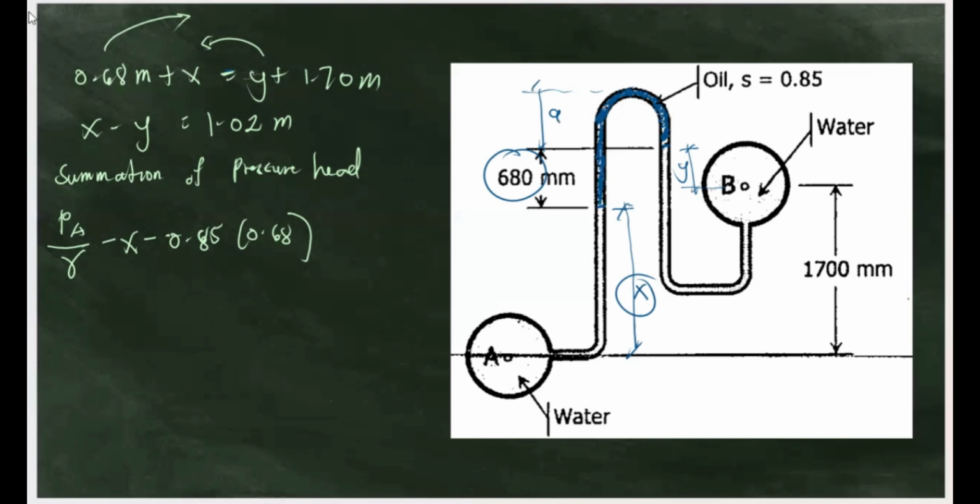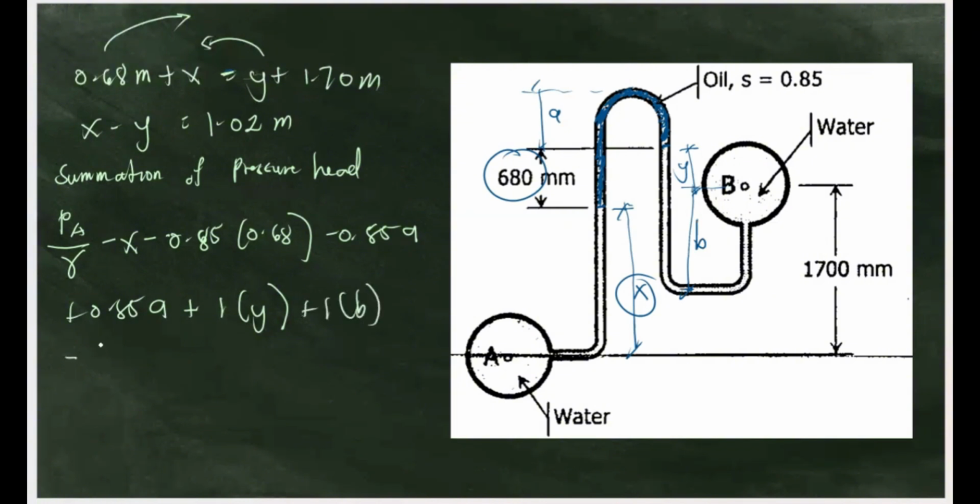So, this will become minus 0.85A, specific gravity, tas bababa, plus 0.85A, plus, yan, water na lang, so 1 times Y, and then, dito, let's say meron tayong distance B, eto, yan, B, so, aangat, then, bababa, plus 1 times B, minus 1 times B is equal to P sub B over gamma.